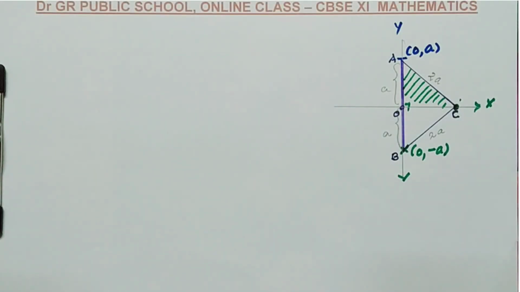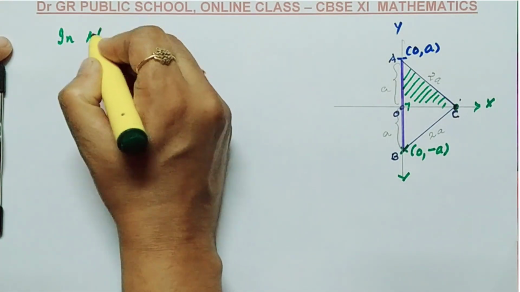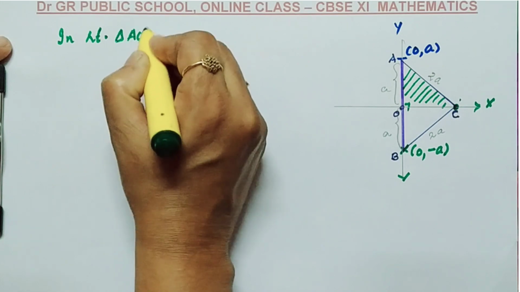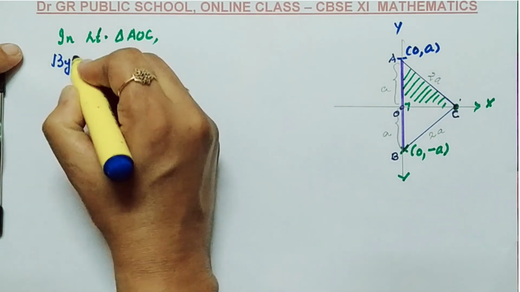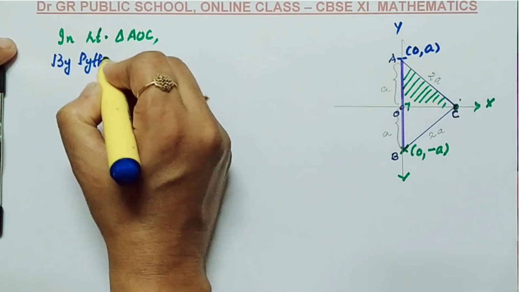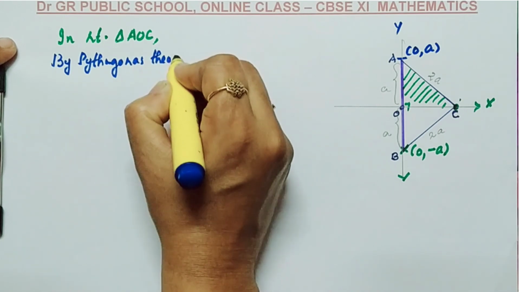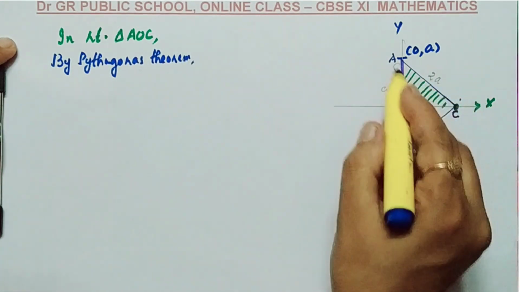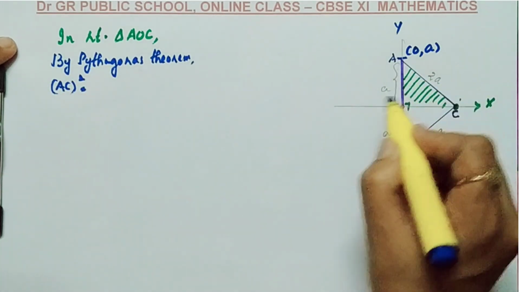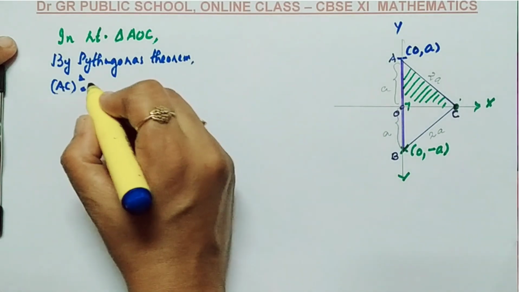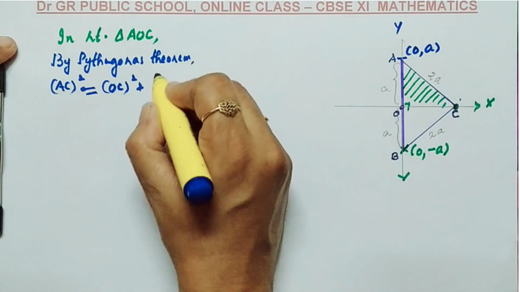In the right triangle AOC, I am applying the Pythagoras theorem. Hypotenuse square. In the triangle, which is the hypotenuse? The hypotenuse is AC. AC square equals the base OC square plus the altitude OA square.